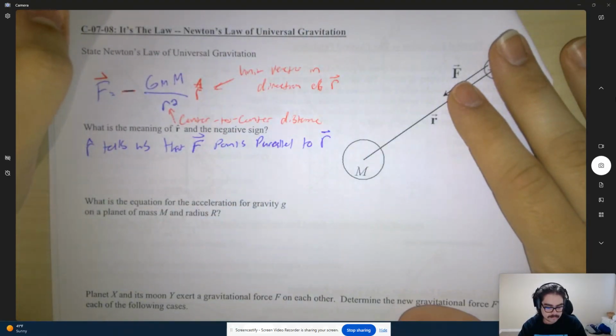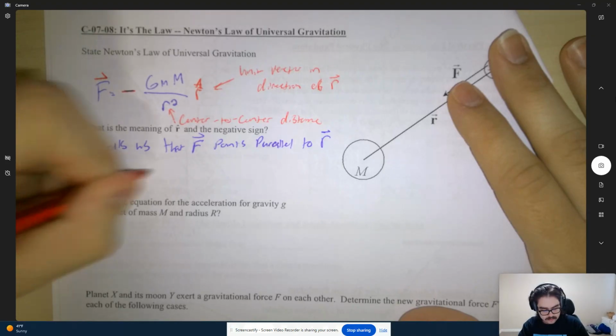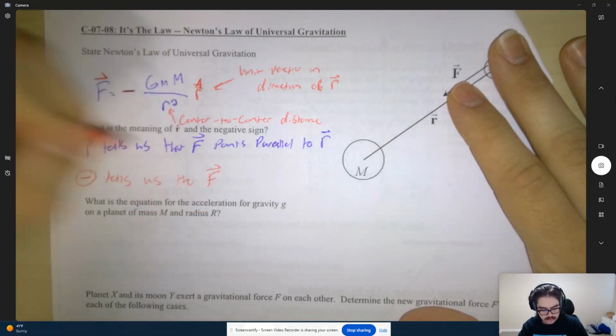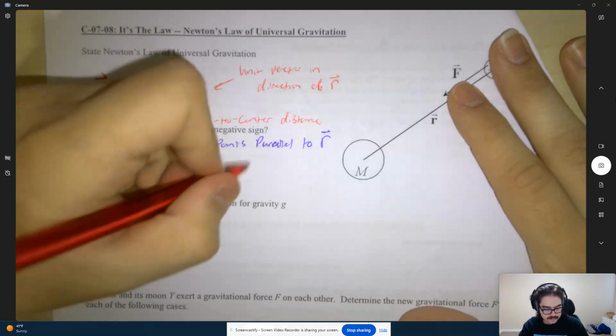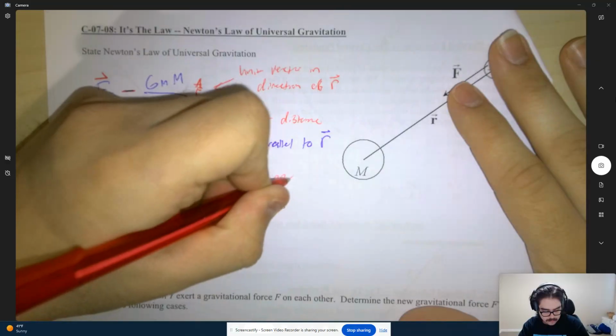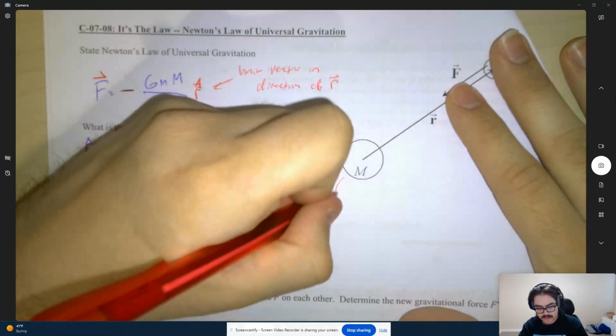And then the negative sign tells us that the force points opposite to the r vector, because it's attractive.